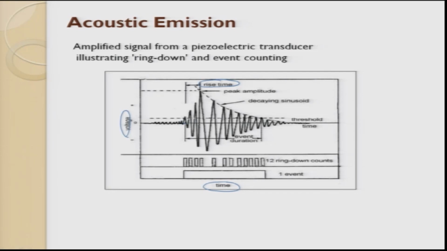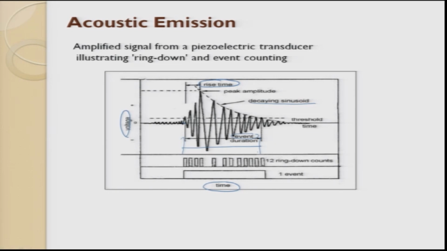After the rising time, the signal starts slowly decaying. That is called the decaying sinusoidal response. The entire episode that has happened is called the event, and the duration of the event is given here.